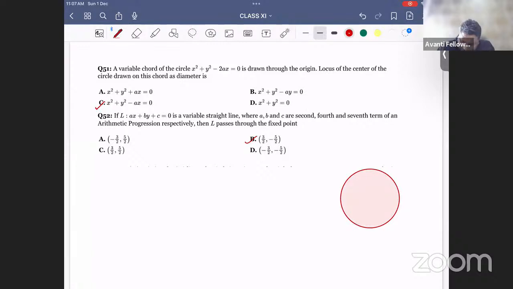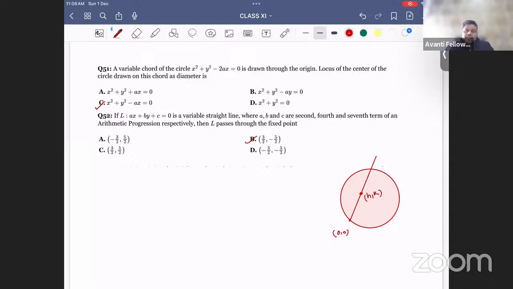Got it? Now a variable chord is drawn through this. Now they are asking for locus of the center of the circle drawn on this chord as diameter. That means they're asking for the locus of the middle point of this chord, h comma k.